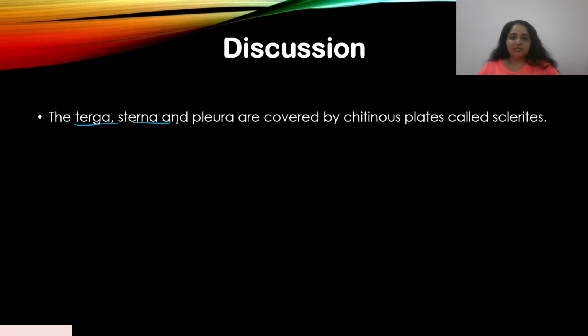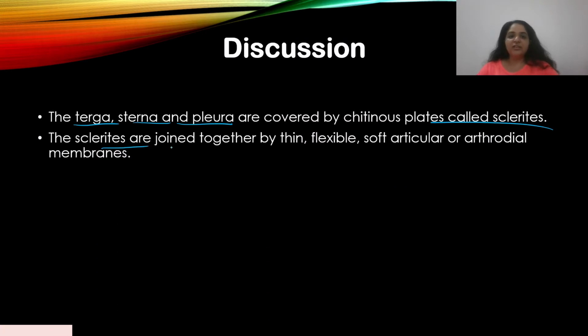Terga, sterna, and pleura, that's the dorsal side, the ventral side, the lateral side, are covered by chitinous plates called sclerites. Now the sclerites are joined together by thin, flexible, soft articular or arthrodial membranes. You can look up the anatomy of a cockroach in NCERT again.